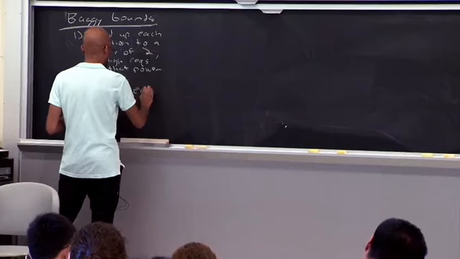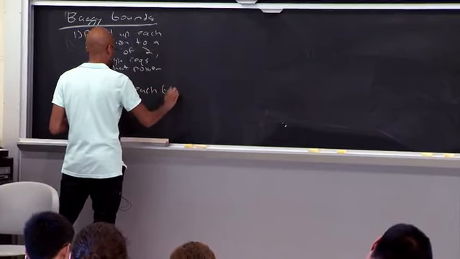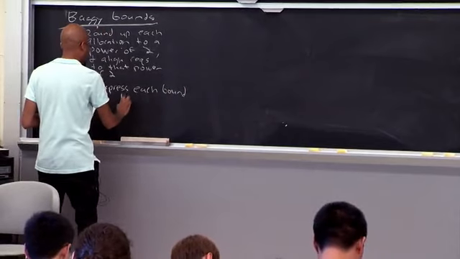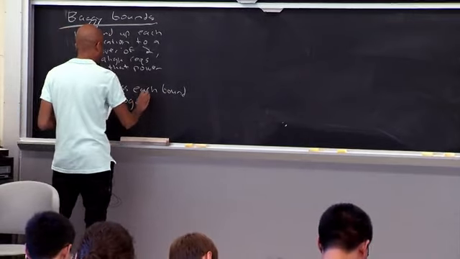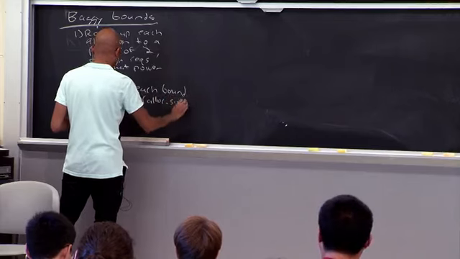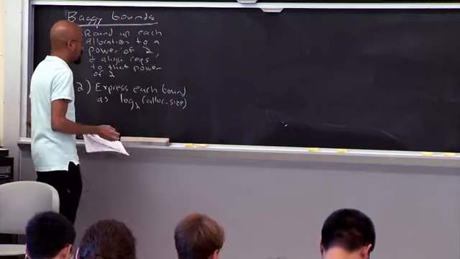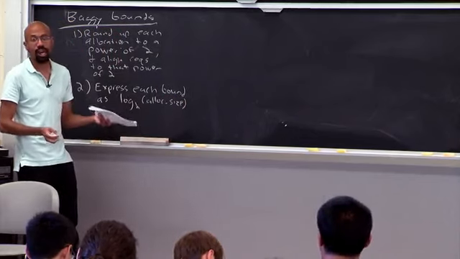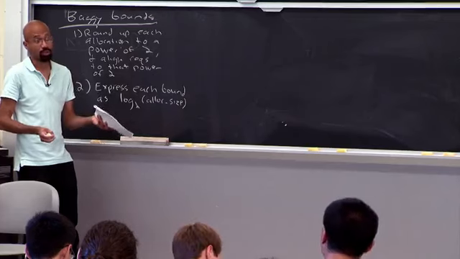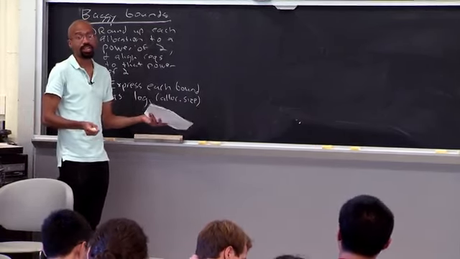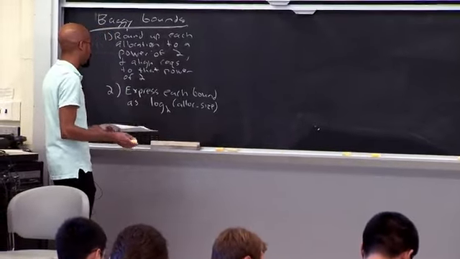each bound as log base 2 of the allocation size. And why can we do this? Well, once again, all of our allocation sizes are powers of 2. So we don't need very many bits to represent how big a particular allocation is.